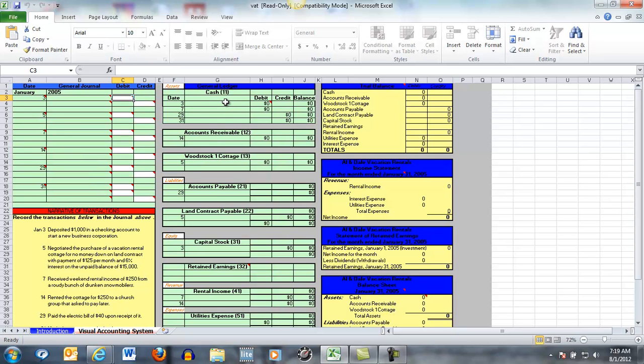So there is an account cash and receivables, and in this case it's a cottage. These are the assets. Then you have some liabilities, and then there is equity, and falling under equity are revenue and expenses. And so you are categorizing the debits and credits into their proper account.